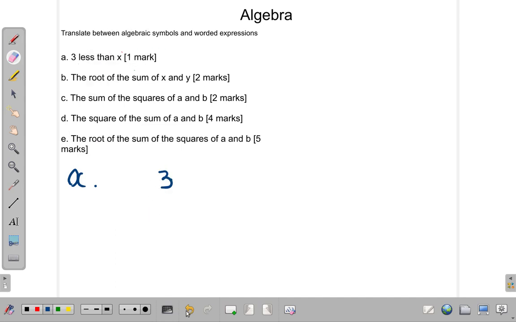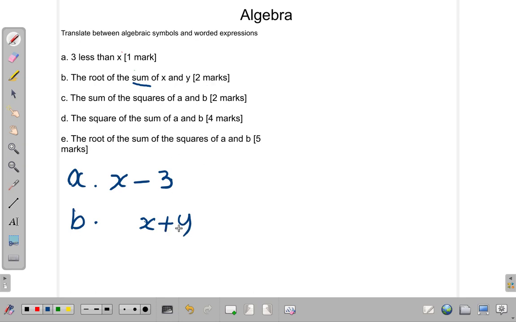Oh, let's not erase it. Let's look at part B. The root of the sum of x and y. 2 marks. We want to look at the sum. Sum means you're going to add. The sum of what? X and y. So it's going to be x and y that you're going to add.